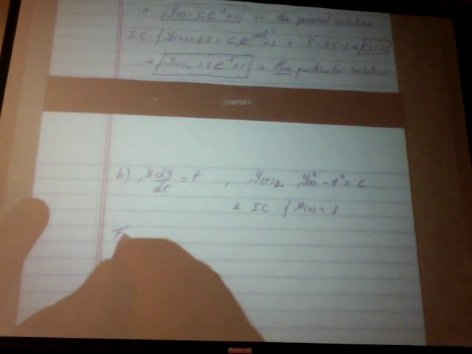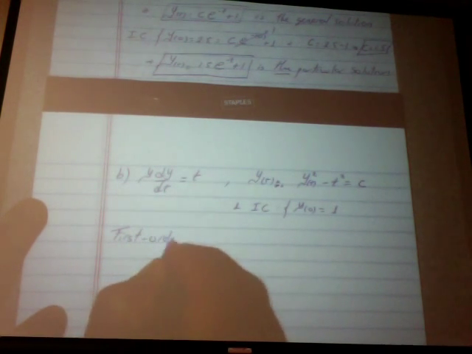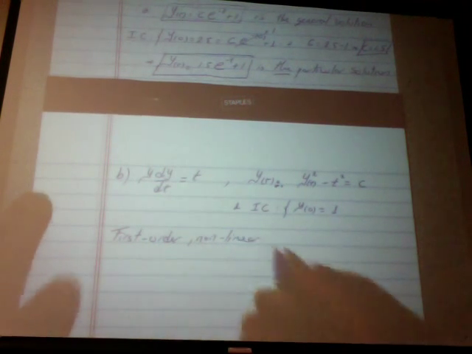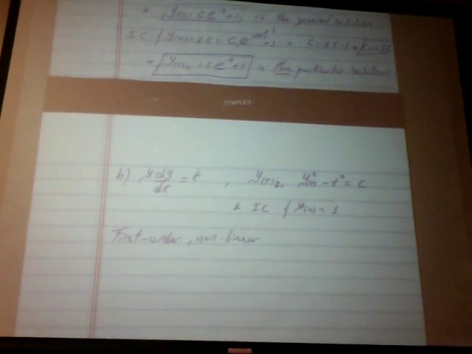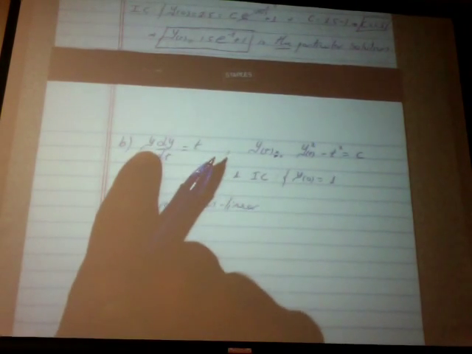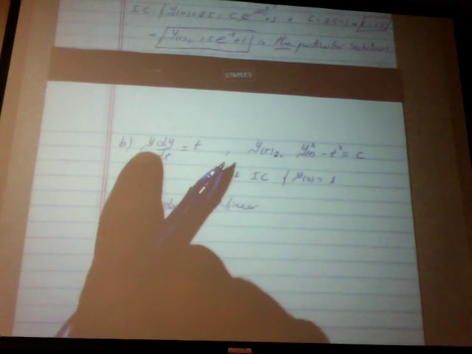So this is still a first order, nonlinear ODE. Now the concept of constant coefficient and variable coefficient is irrelevant. Once the equation is nonlinear, there's no point in saying whether it's constant coefficient or variable coefficient. As a matter of fact, the coefficient will be variable because y will change as a function of t.